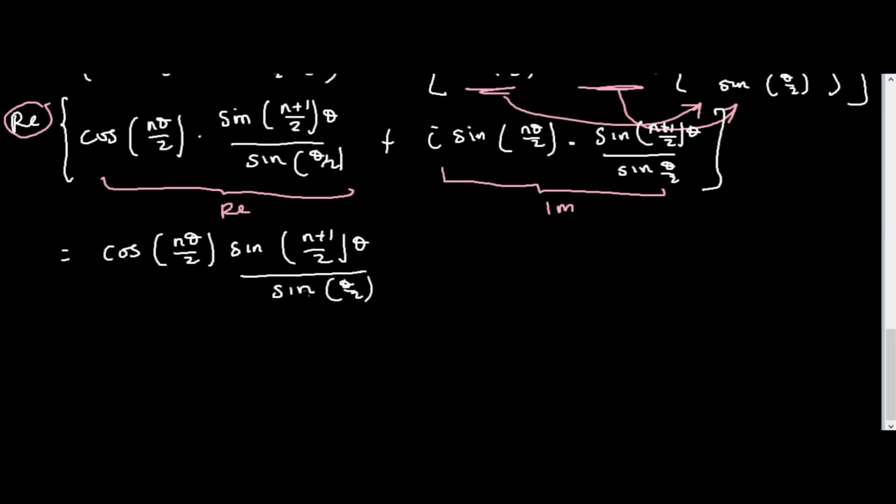Now, here we need to remember our trigonometrical identity. I would have just gone straight to the answer, but let me remind you. You remember that sine A minus sine B is equal to what? Yes, 2 cos of (A plus B) over 2 times sine of (A minus B) over 2.